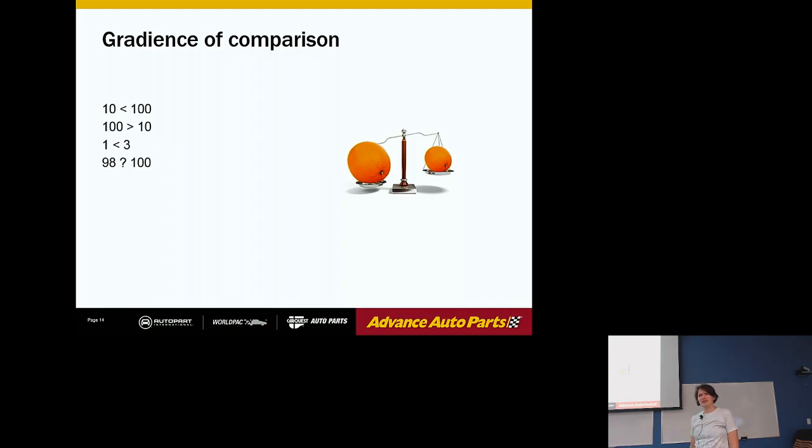What about 98 and 100? These are probably pretty close, maybe exactly the same, even though the difference is the same as between 1 and 3. Same probably goes for 900 and 1,000. Or what about 0.3 and 0.7? Because you're predicting quantities, sometimes they're not integers.